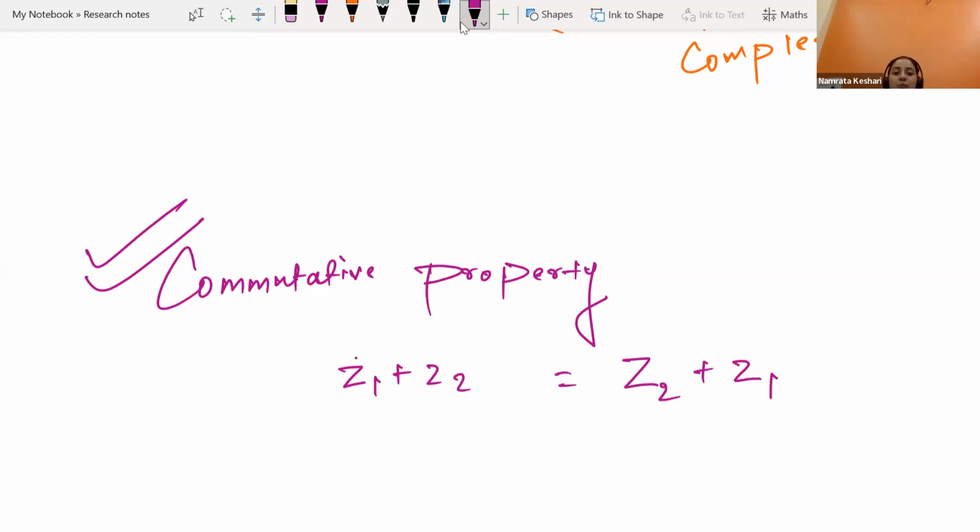If z1 commutes to z2's place and z2 to z1's place, the result will not change. Do I need to show you that the result will not change? No, ma'am.